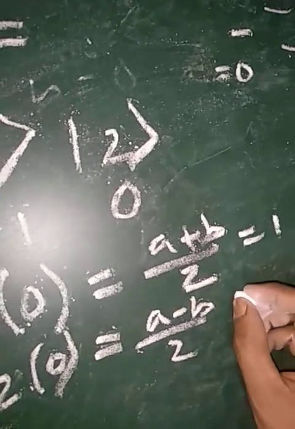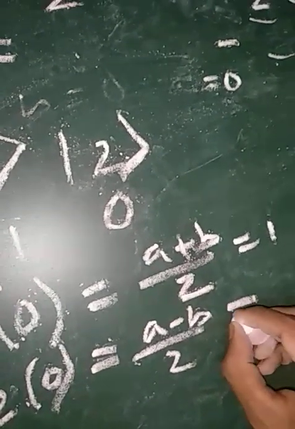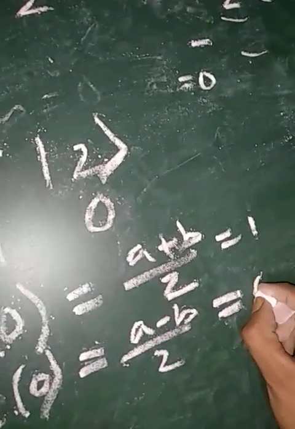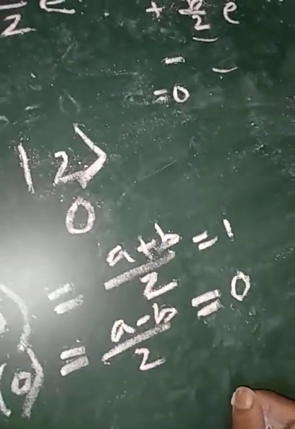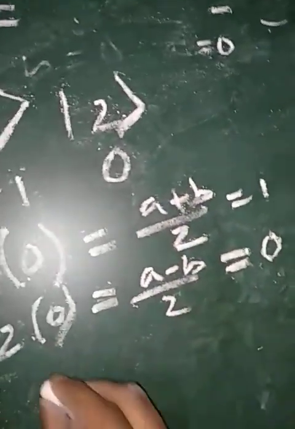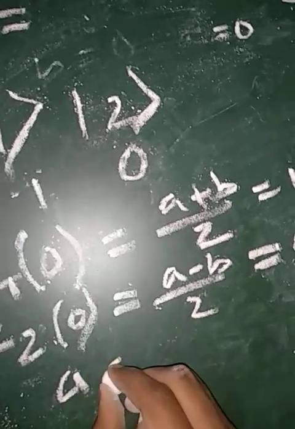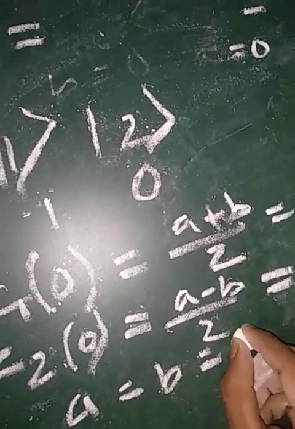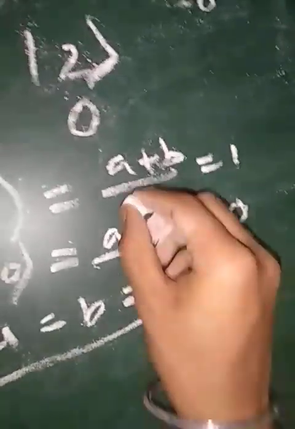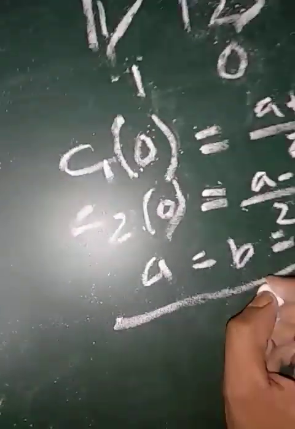It is in state 1, so it is not in state 2, so this will be equal to 0. Solving, this gives a equals b equals 1.